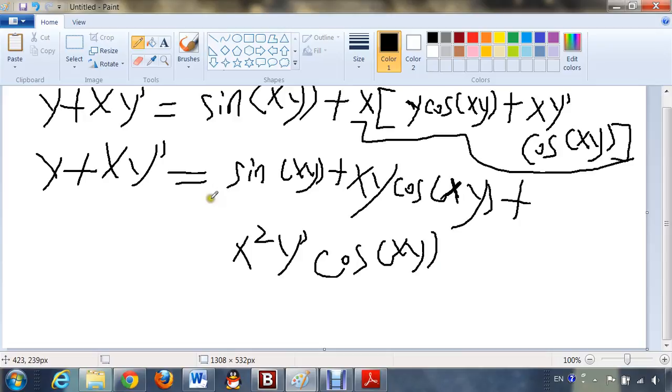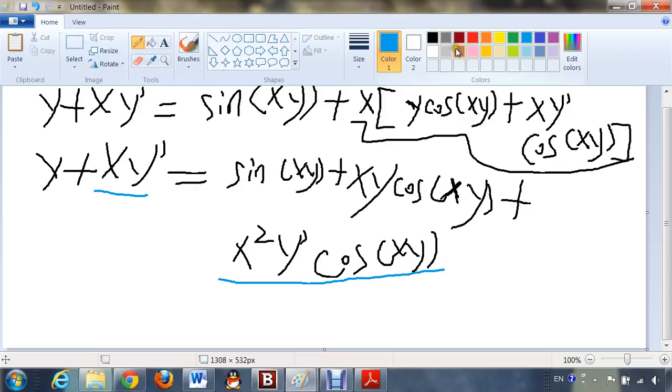Alright, after we distribute, we will try to isolate y prime. We see that the terms with y prime are only xy prime and x squared y prime cosine xy.